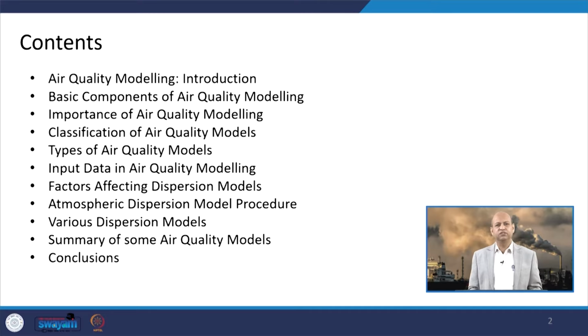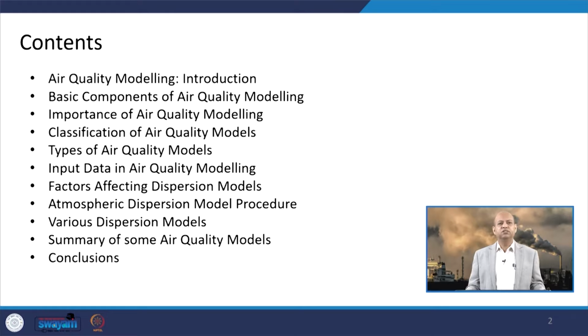Then classification: in various ways we can classify them depending upon different viewpoints. Then the types of air quality models, the input data required for running the air quality model, and the factors that affect the dispersion models. Modeling is basically a rough representation of reality in terms of mathematical equations. Okay. So, some assumptions are there, some influencing factors are there. That we will discuss.